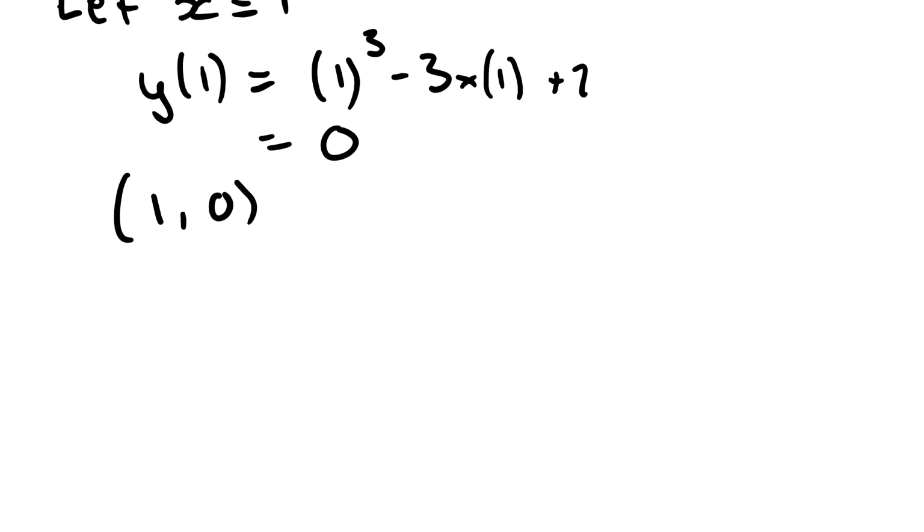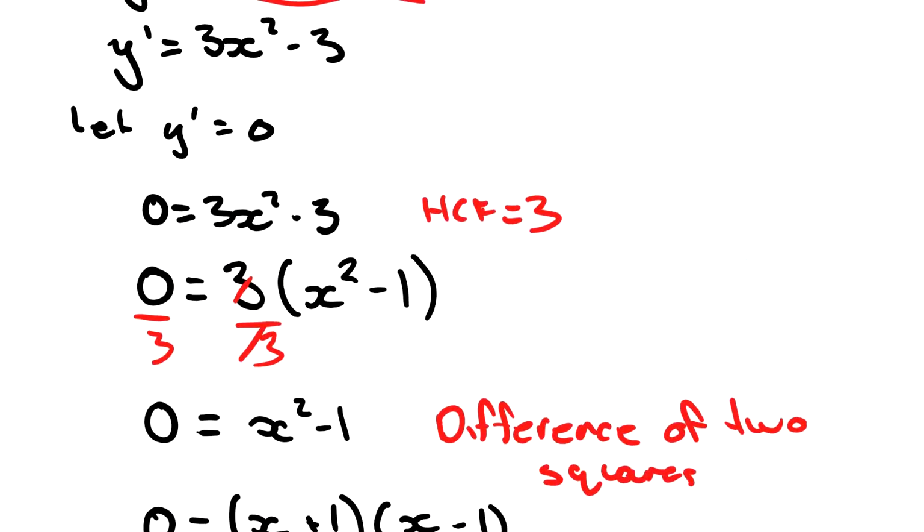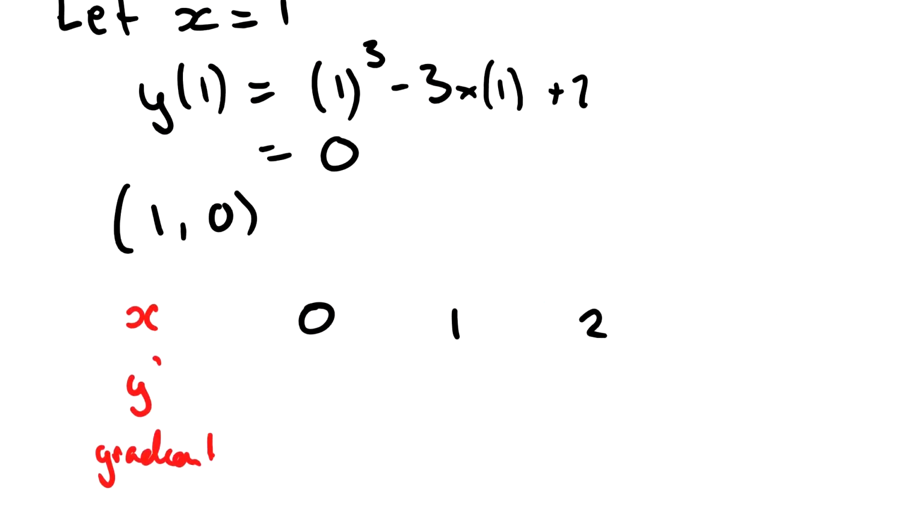to determine its nature. We've got x, we've got y, the first derivative, and we've got gradient. So if we're saying x is 1, I can pick 0, 1, 2. Again, I'm not going to do this, but remember, we're just substituting these values back up into this formula here to get the values.